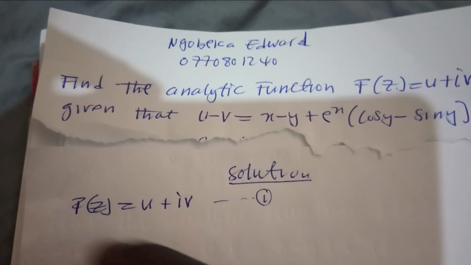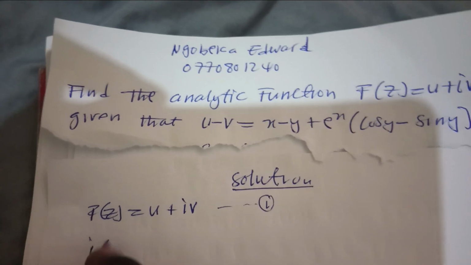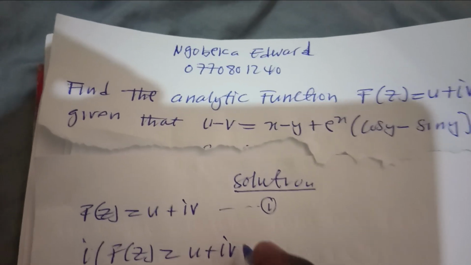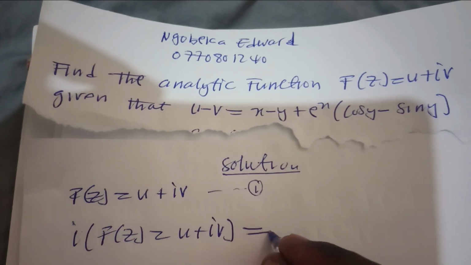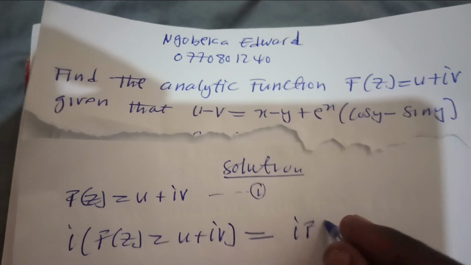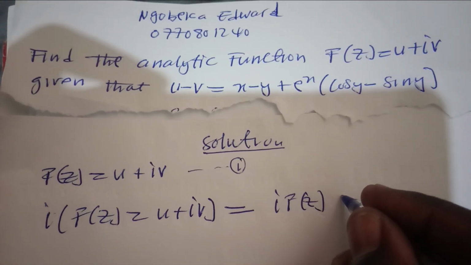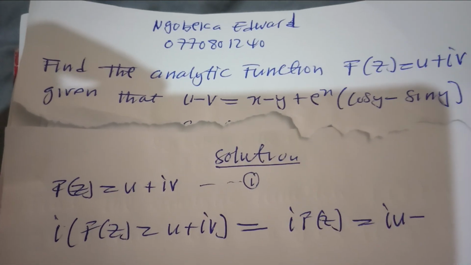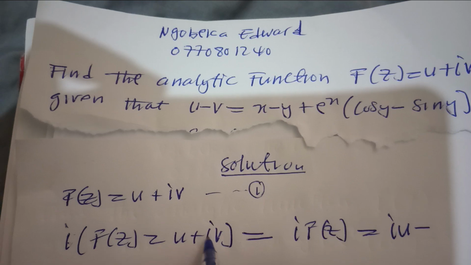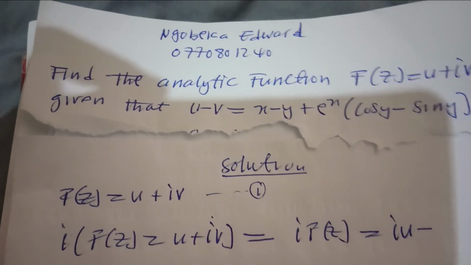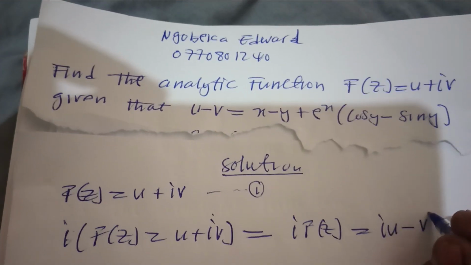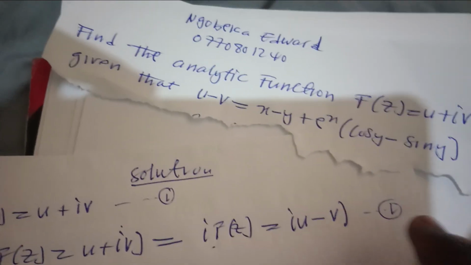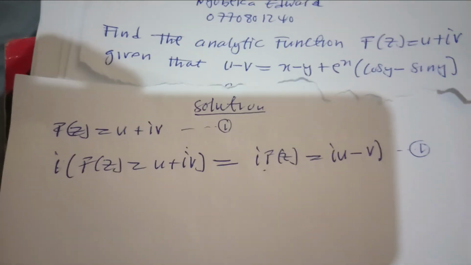So if we multiply by i, we have i f(z) is equal to iu plus i squared v, and i squared is equal to -1, so we have iu minus v. We have this equation, and we call it equation number 2.